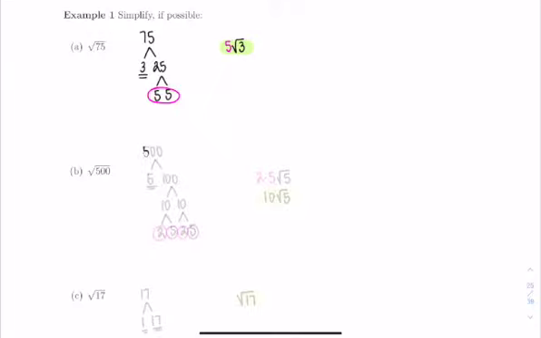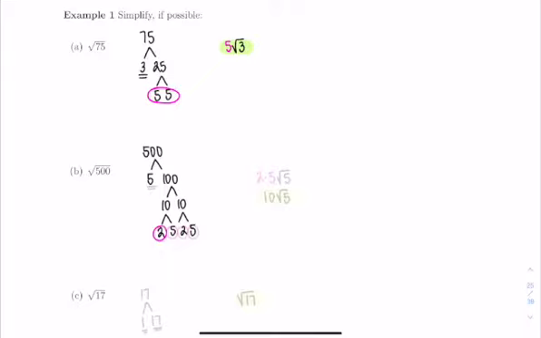Let's try 500. Well, we can break that down into 5 and 100. 100 is just 10 and 10. And we can break down both of our 10s into 2 and 5 and 2 and 5.